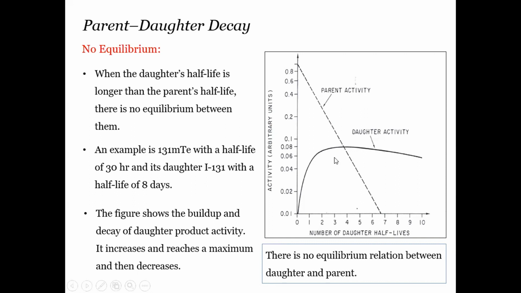It increases, reaches a maximum, and then starts decreasing again. But we cannot figure out any equilibrium condition or a relationship between the daughter and parent. So no equilibrium can be figured out when the parent and the daughter half-lives are such that one is comparable or one is more as compared to the other.